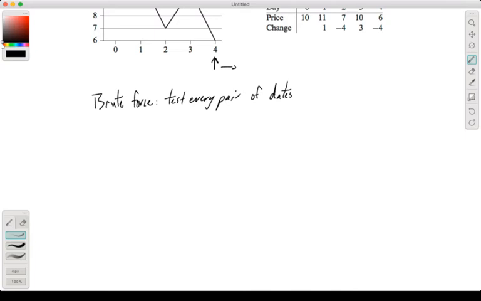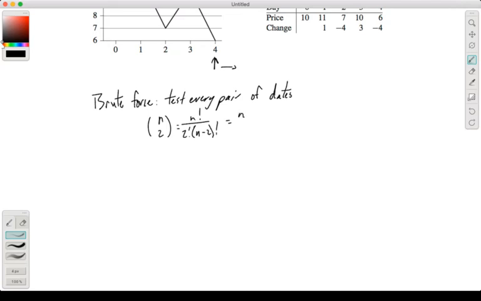Now, how many pairs of dates are there? Well, we haven't really talked about this, but it's n choose 2. So you have n dates or n elements, and we want to find how many pairs we have. It's n choose 2, which is defined to be n factorial divided by 2 factorial times n minus 2 factorial.